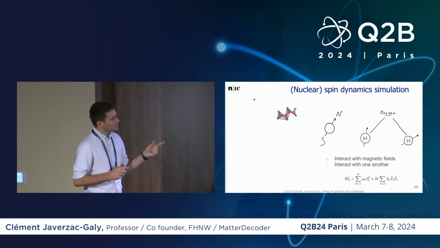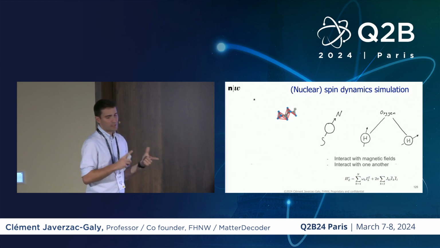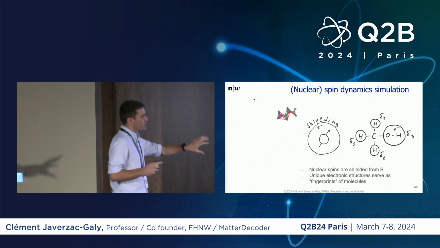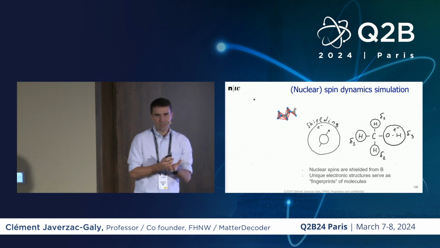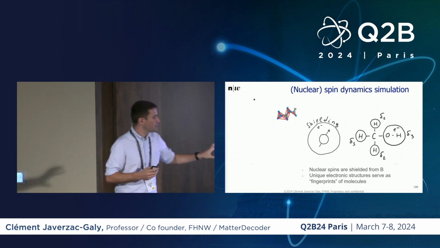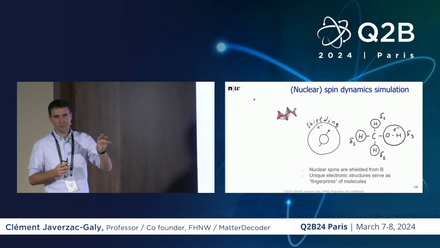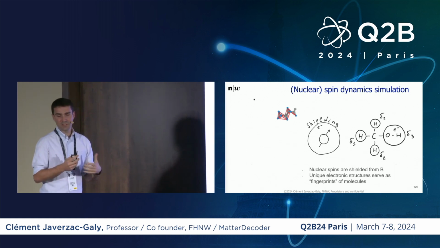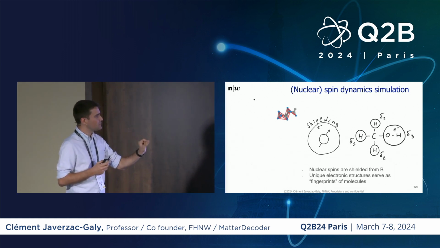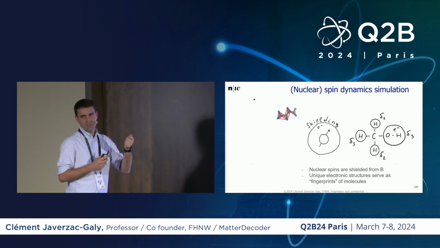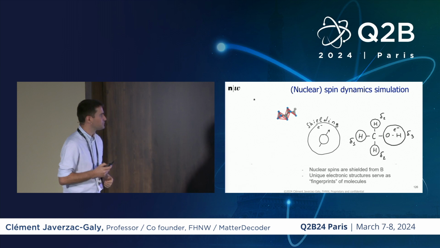These are the two terms of the Hamiltonian we are interested in simulating. Also, the spins are shielded by the electronic clouds around them, which is why the unique electronic structure in a molecule serves as a fingerprint. This is why this technique, by looking at nuclear spins, allows us to get this specific molecular fingerprint.